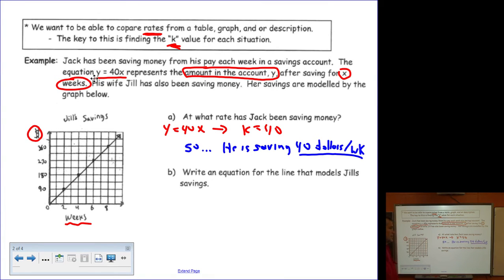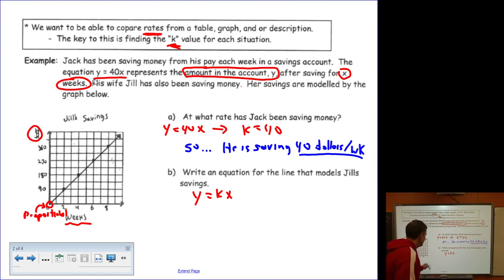Part B says, write an equation for the line that models Jill's savings. All right, well, it goes through the origin, right? So it's a proportional relationship, because it goes through the origin. So her equation, again, is going to be y equals k times x. I just need to figure out what k is.